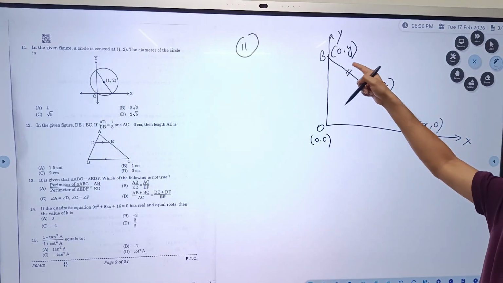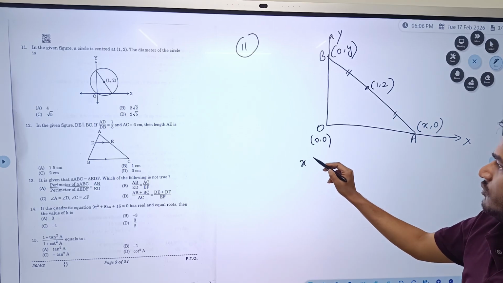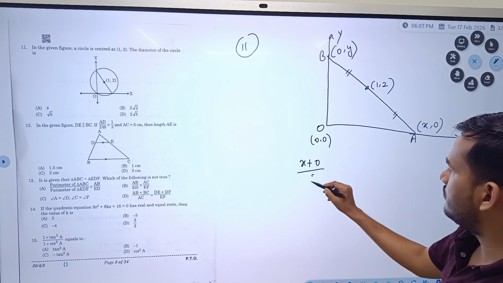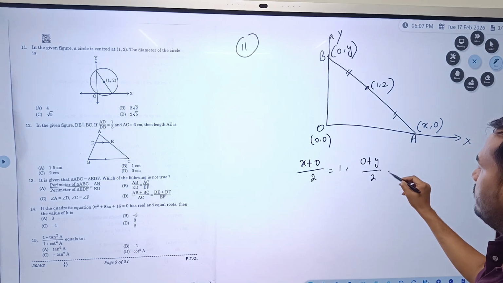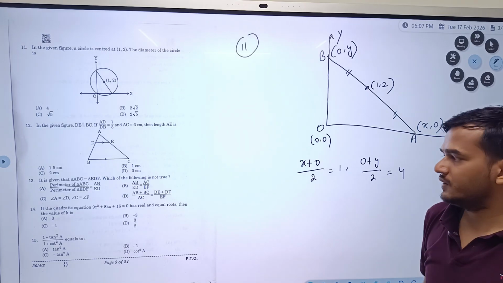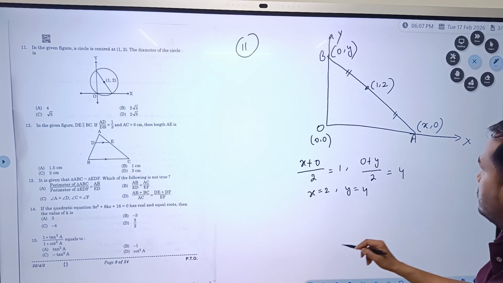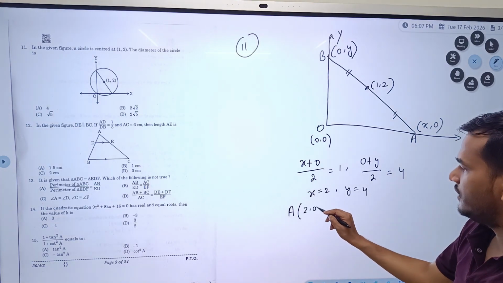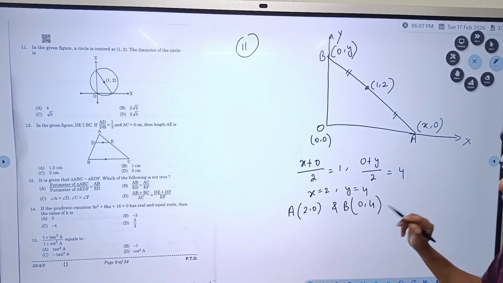Now we know that the center is the midpoint of AB. So according to the midpoint formula, (x plus 0) upon 2 is equal to 1, and (0 plus y) upon 2 is equal to 2. So with this we will get x equal to 2, y is equal to 4. So point A is 2 comma 0 and point B is 0 comma 4.